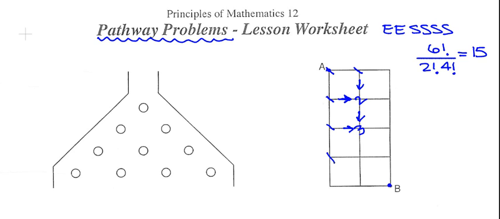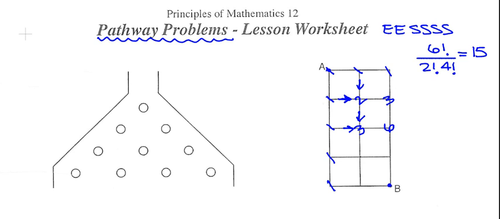So again, you'll start to see quickly that going down each side here, there will only be one way because you just have to go straight. And then you can just start adding up the different possibilities. So 2 and 1 will give us 3. This intersection will be found by adding 3 and 3.